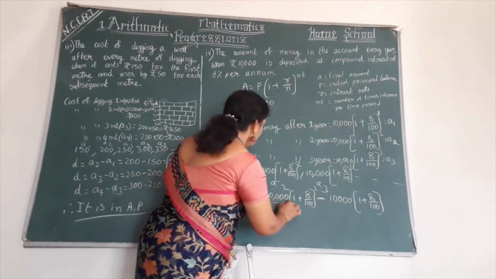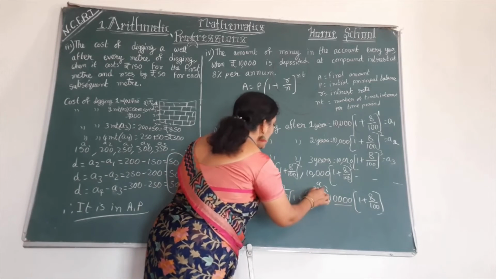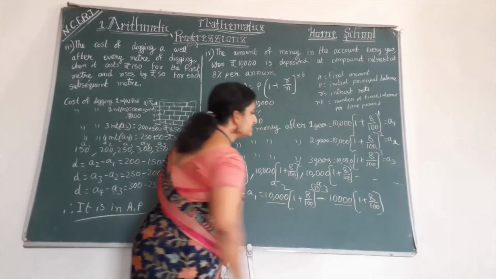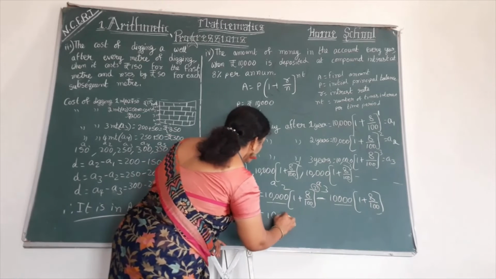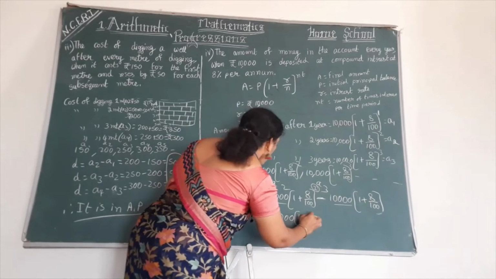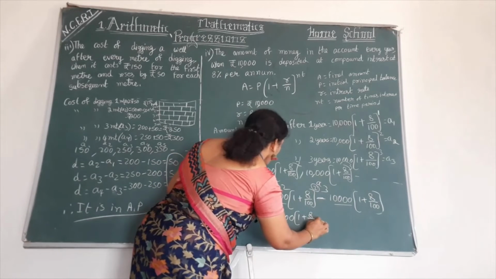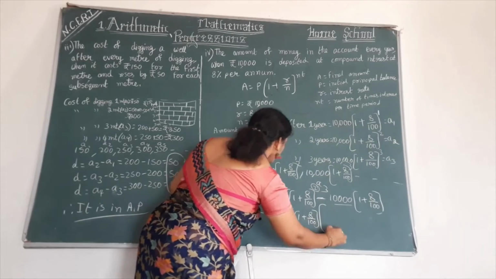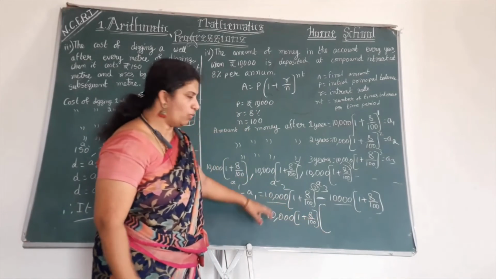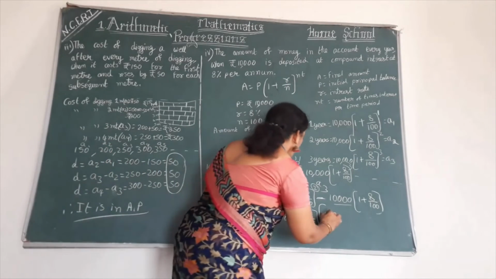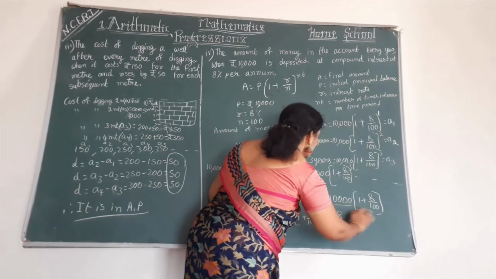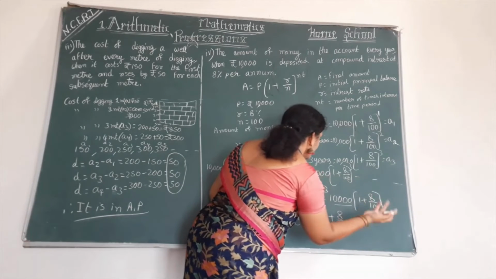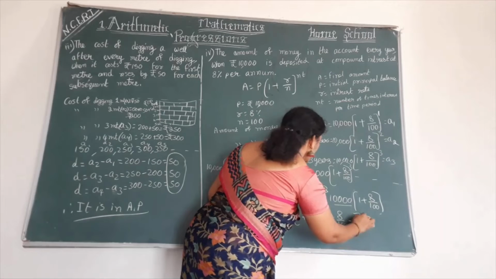What is common? 10,000 and one set of (1 plus 8 by 100) is common. So I am taking one set common here. What is left in this? 1 plus 8 by 100 minus... since I have taken it all, nothing is left, nothing means 1.